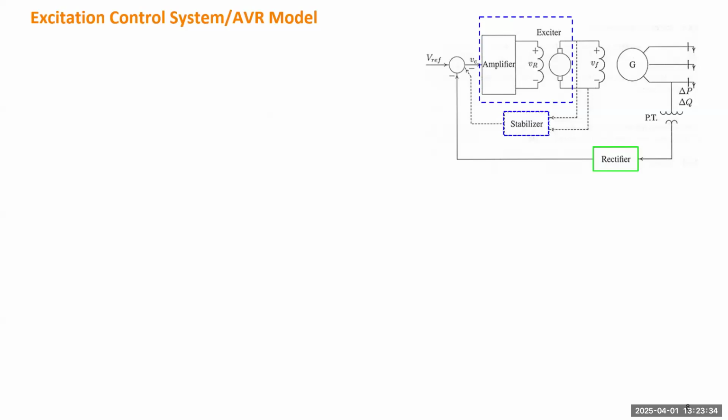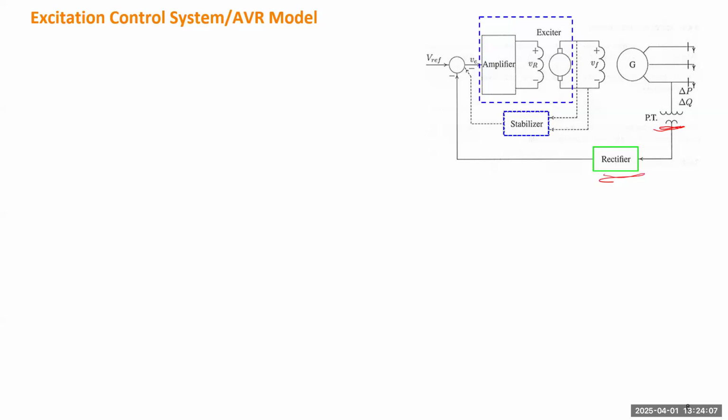Okay, so let's model this control system. At the terminal, in order to measure voltage, you have to use some potential transformer. Potential transformer is just one type of sensor. It gives you a low voltage signal proportional to the actual high voltage at terminal. But this voltage will be a three-phase voltage. In order to convert this three-phase voltage into the DC voltage, you have to use a rectifier.